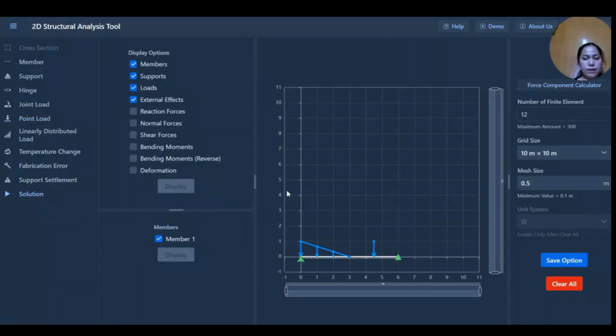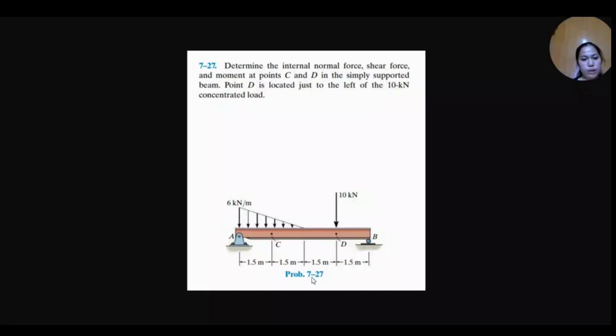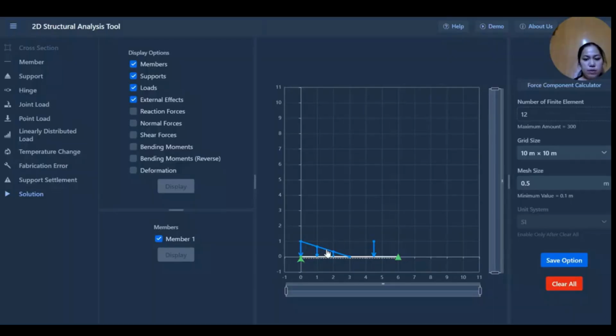So what are the internal forces at point C? Where is our point C? Our point C is at a distance of 1.5 from the begin joint. We start from normal force, and then we click normal force and click display.